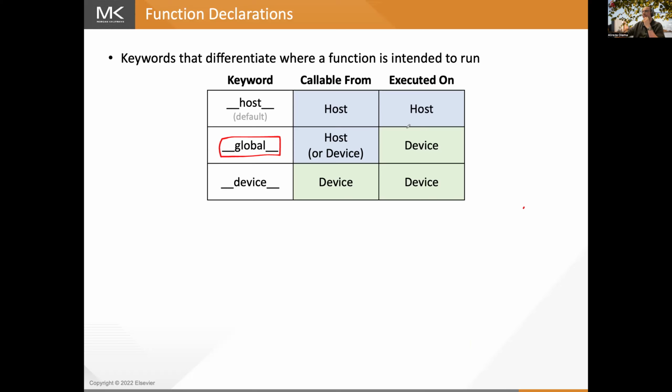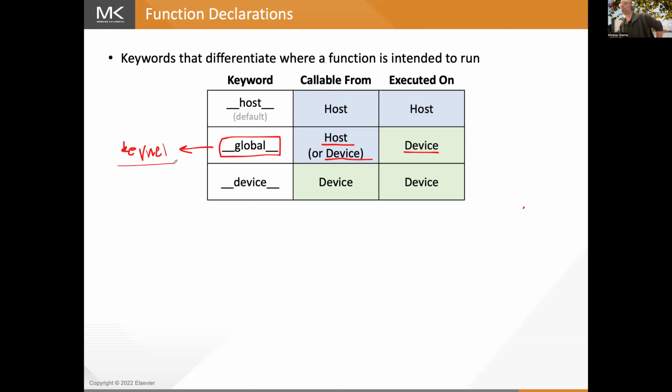So the kernels execute on the device, but you can call them from the host and recently from the device. But originally, you could define the kernel that is executed on the device, but it is called from the host, right? So this is used for defining the kernels.